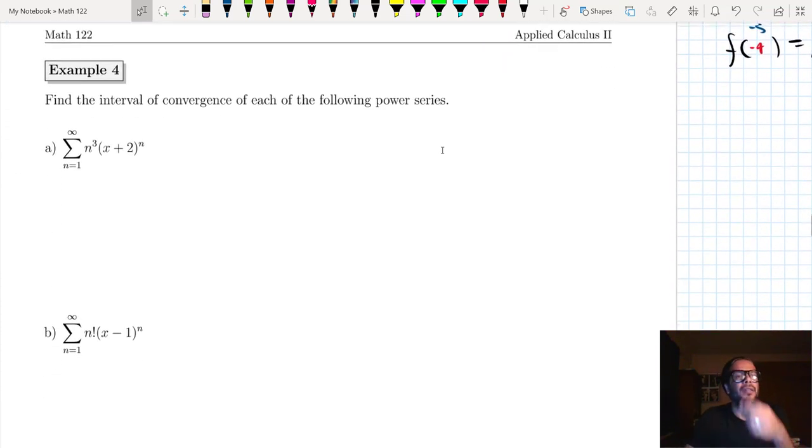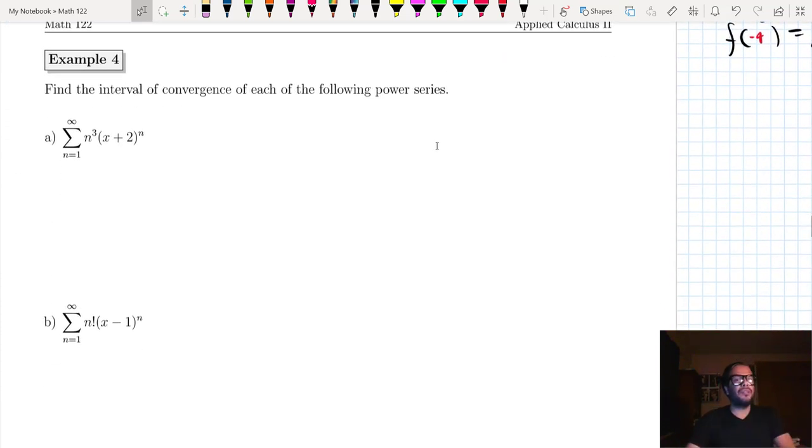Find the interval of convergence of each of the following power series. This is what we do. Highlight the part that doesn't have the x. For now, we are going to ignore this x plus 2. But we are going to have a meaning for this x plus 2. Again, when a series is centered at x minus a, it has an x minus a to the n.